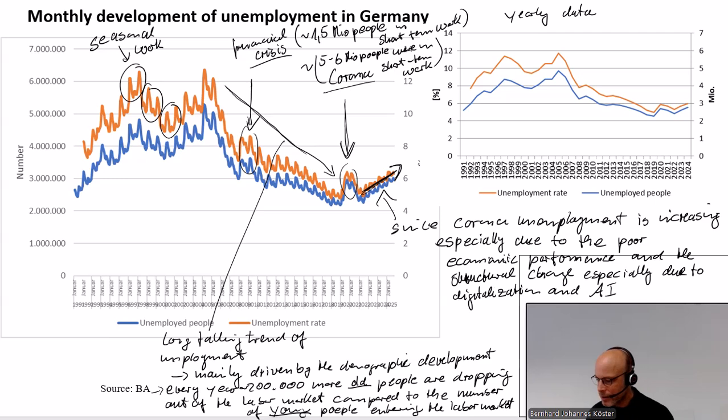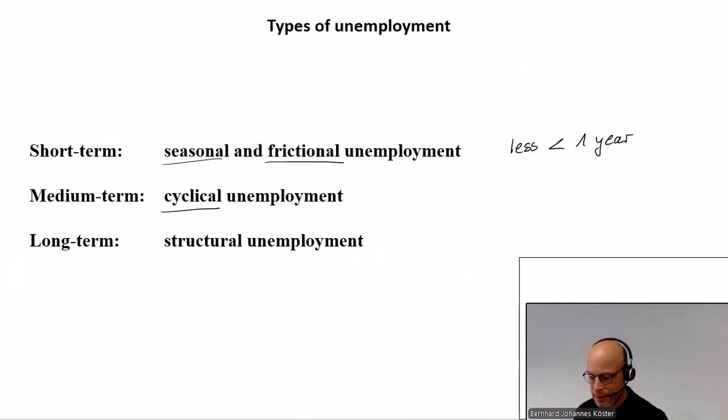We will talk about this in more detail, and for this later we also need the so-called business cycle concept. In the medium term we speak roughly about 1 to 3 years.